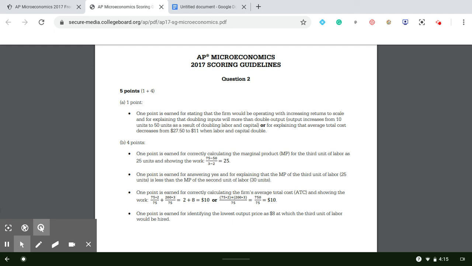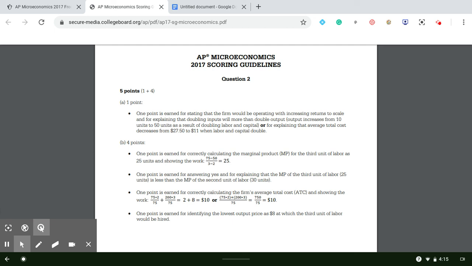Output increased from 10 to 50, and rather than the units doubling to 20, they quintupled to 50. So that's increasing returns to scale. And we also showed that the average total cost, the cost per unit being produced, went from $27.50 to $11.